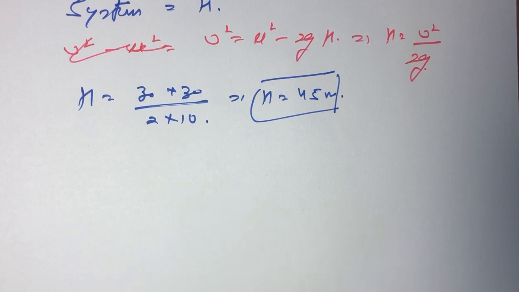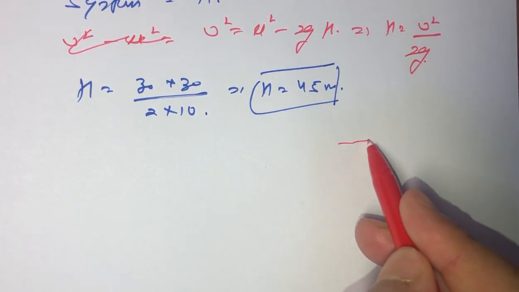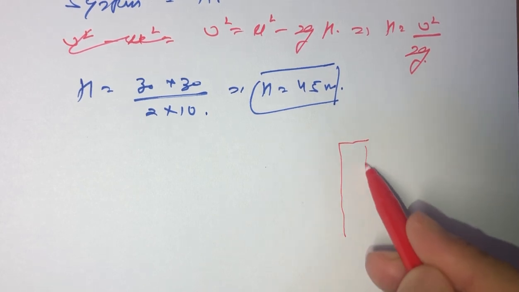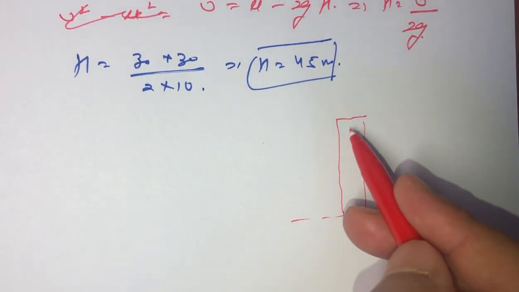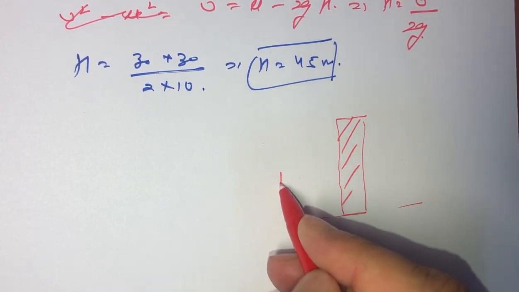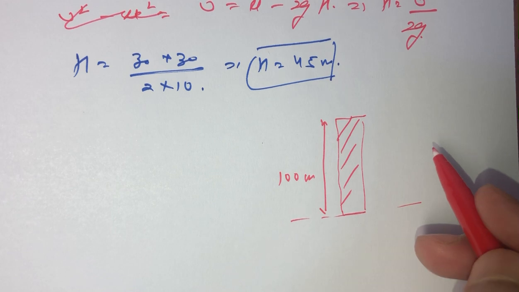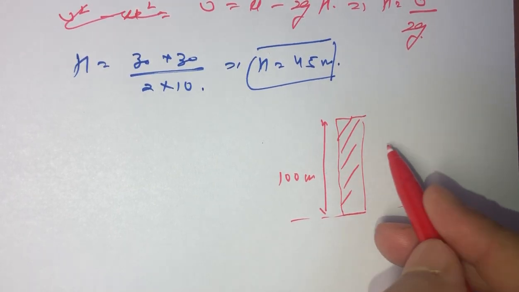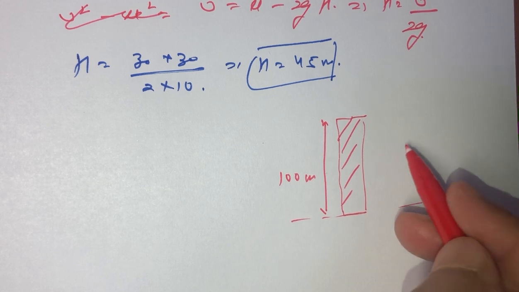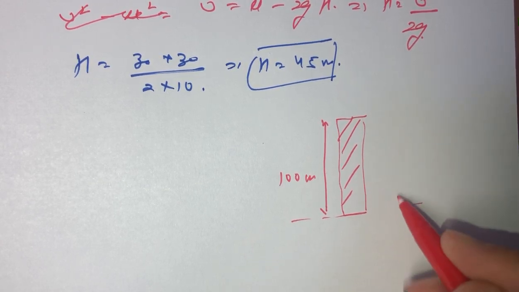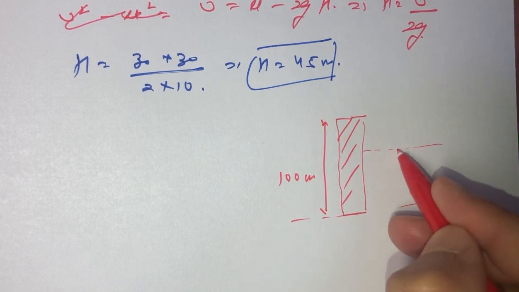This we can also represent by the figure. So this is the building whose height is given as 100 meter, and the point of collision between the bullet and the wood, or we can say distance traveled by the bullet, which is given as h2.